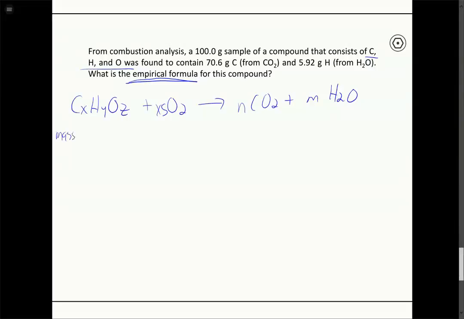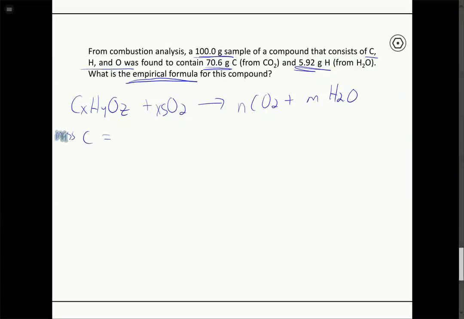So what we're going to do is find the mass of carbon first. We have 100 grams of sample and we produce 70.6 grams of carbon. Now, I guess I got ahead of myself here. We're actually giving you the masses. We give you the mass of carbon and the mass of hydrogen, so we don't even have to do these calculations.